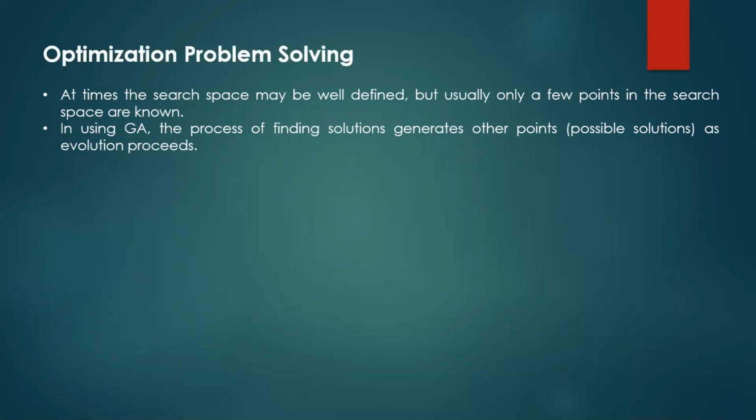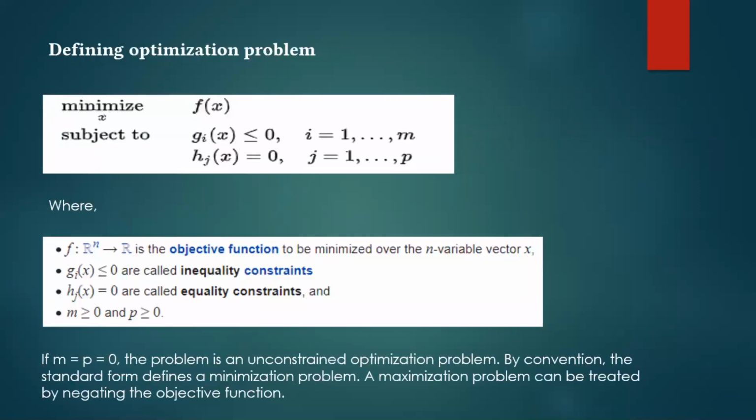Now we will learn how to define an optimization problem. Basically, you need to define your objective function. Here in this slide, you can see f of x is your objective function, and it is to be minimized. Here I have specifically written minimize. That is my goal, but you can decide, it depends on your problem. It can be maximize also.